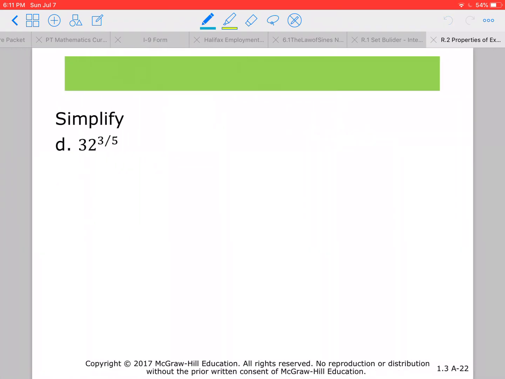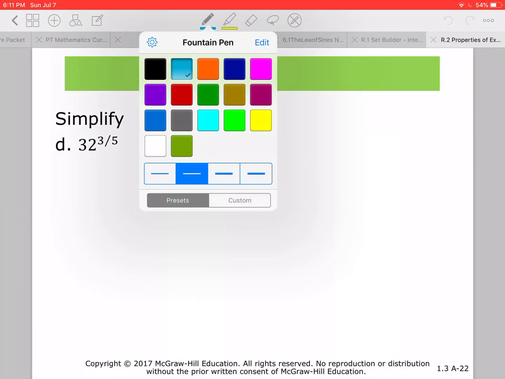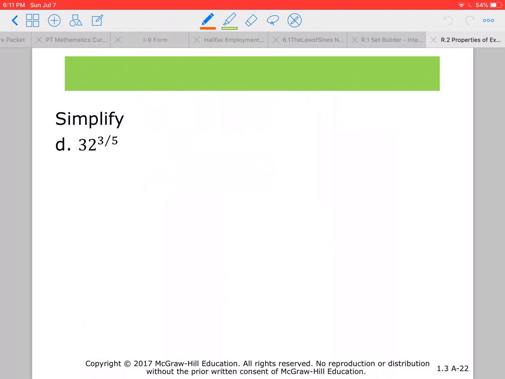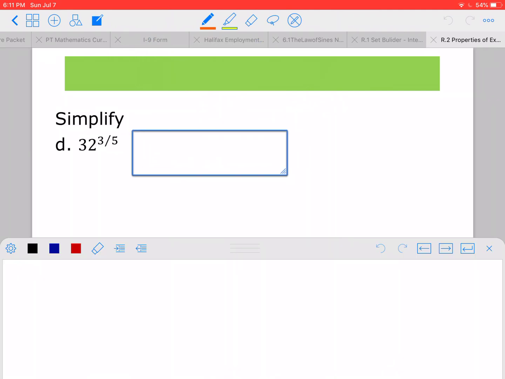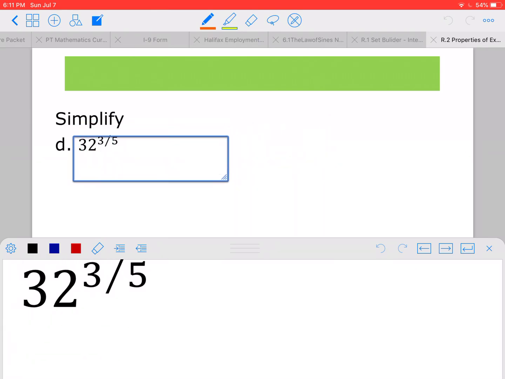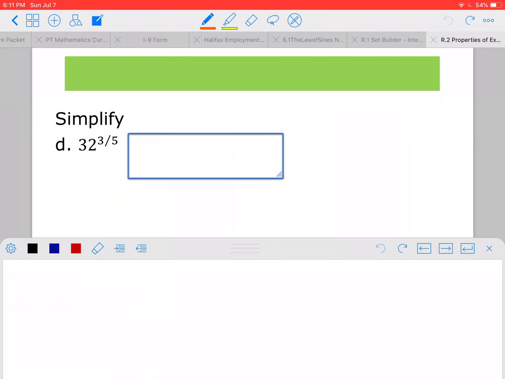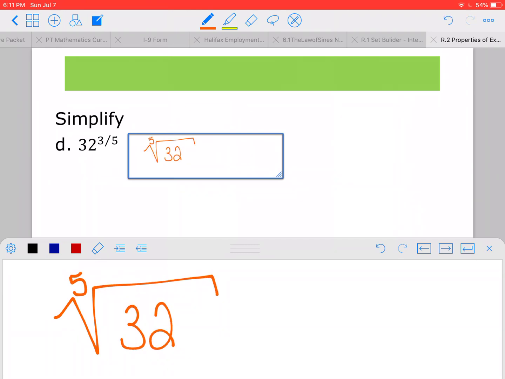Okay, so let's see what we have here. So remember the denominator, the bottom of the fraction, goes inside the root. So we have the fifth root of 32 to the third power.